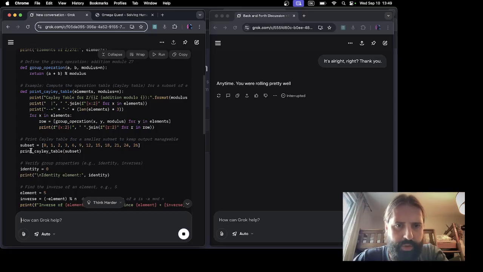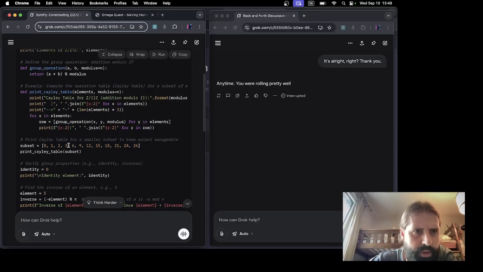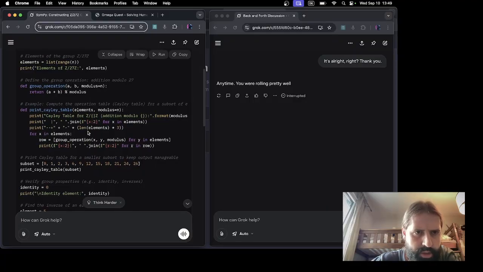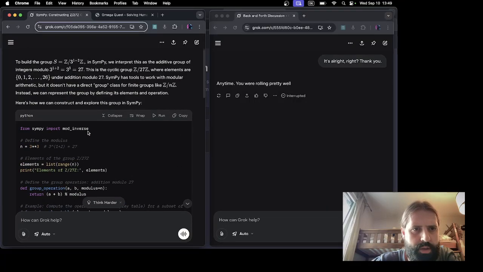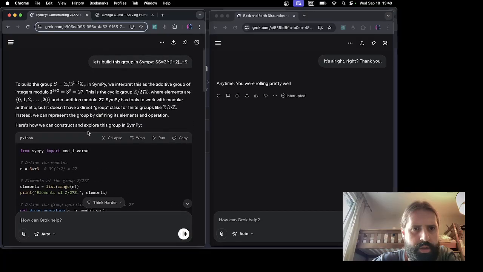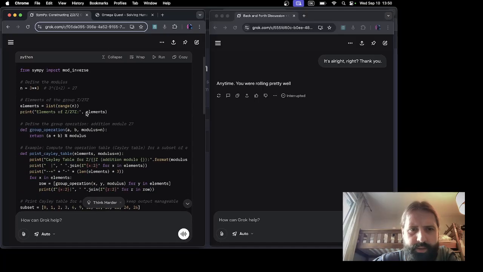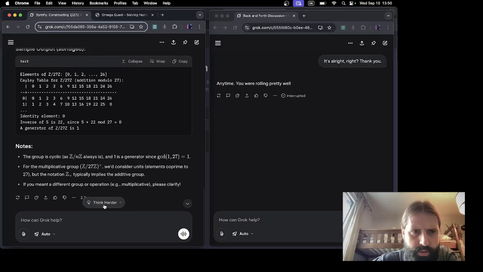Subset character for small subset to keep. What is this? Group operation. What? No, that's not it. That's any element, inverse of 5. What? No. No, think harder.